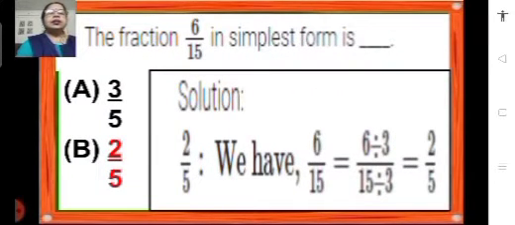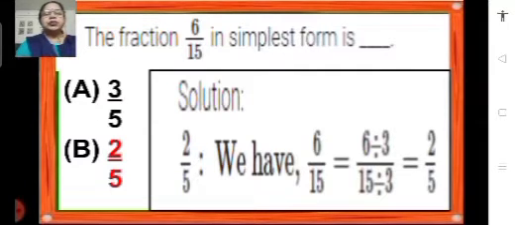Next, the fraction 6 upon 15 in simplest form is dash. So how do you find the simplest form of a fraction? We divide both the numerator and the denominator by their HCF, and then we get the simplest form. And when in the simplest form, the numerator and denominator will have common factor as 1.